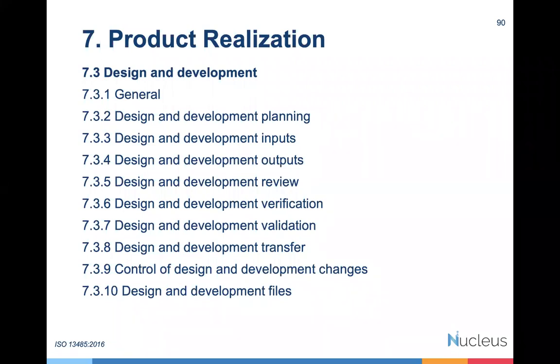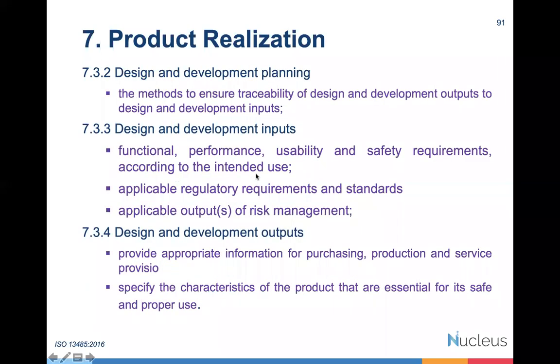Here a few requirements are very crucial in the medical devices industry. One is design and development planning. When you do planning, at that time you also have to ensure what the method is for traceability of your design and development output and input, like a requirement traceability matrix. Make sure everything is compliant. Because if you forget to address any one regulatory requirement, the consequence will be huge.